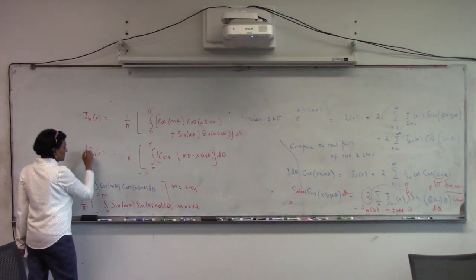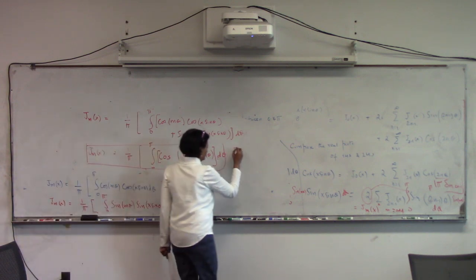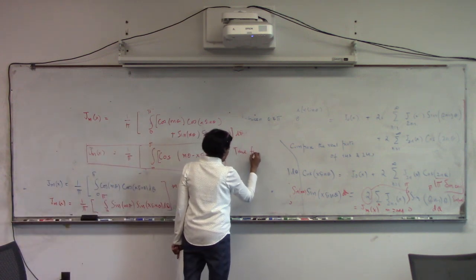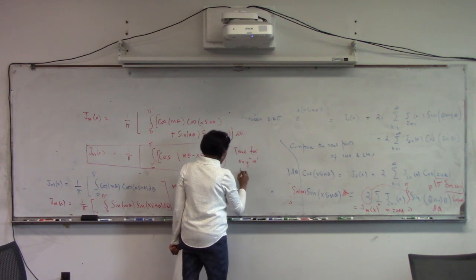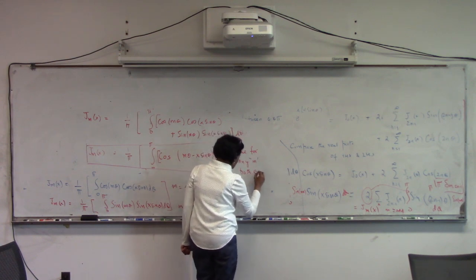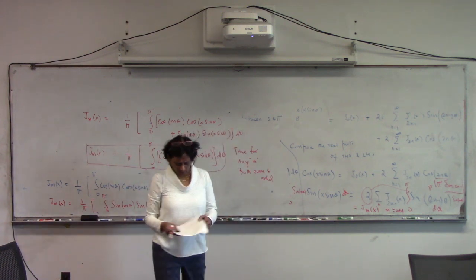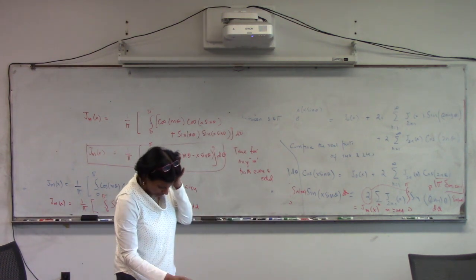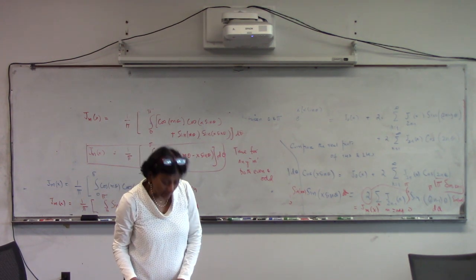So this expression is true for any n, both odd and even. This is the so-called integral representation of the Bessel function.